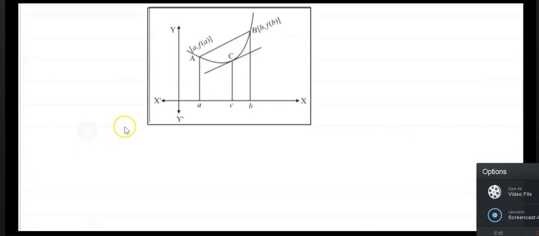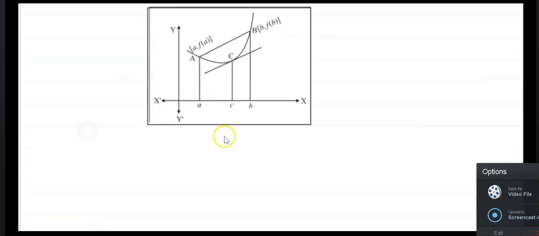These are the points for this given curve. A and B are the two points. We join this as the secant. There is at least one point, and that point is c, small c. At this point, this tangent is parallel to this secant AB, and this is the difference. Now, a small difference between Rolle's theorem and the Lagrange mean value theorem.